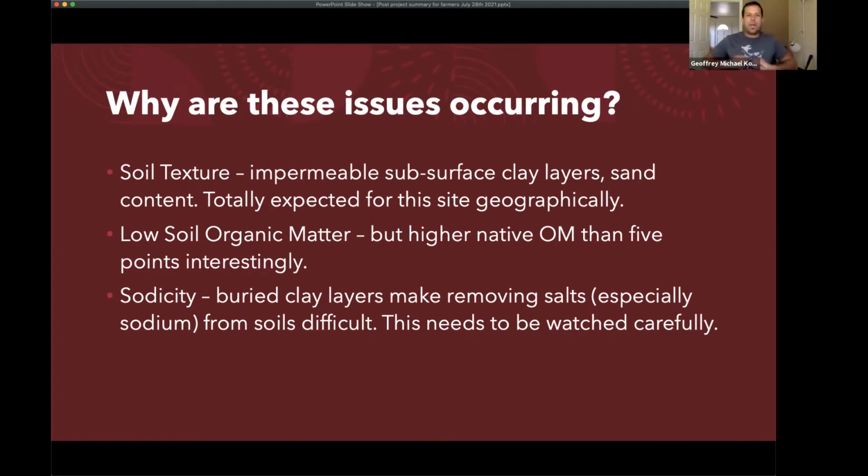But I did take a look at some reports that Gary shared with me that showed a little bit of elevated sodium, and that also explains some of this poor infiltration because of dispersion. The clays disperse, clog pores, and prevent infiltration from being what it should be.